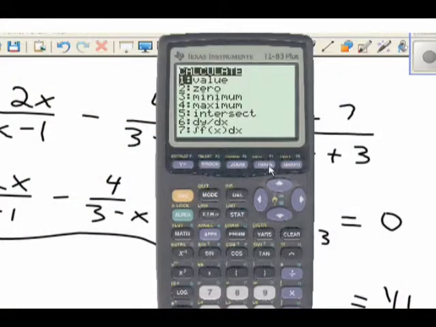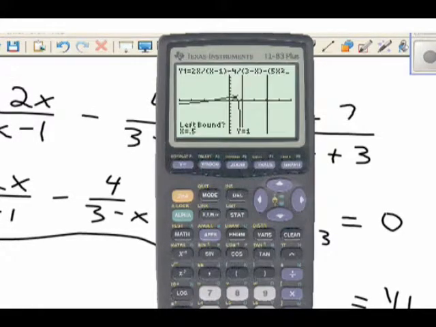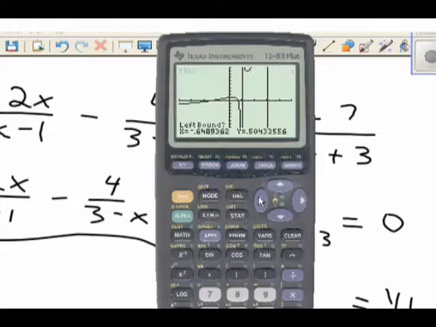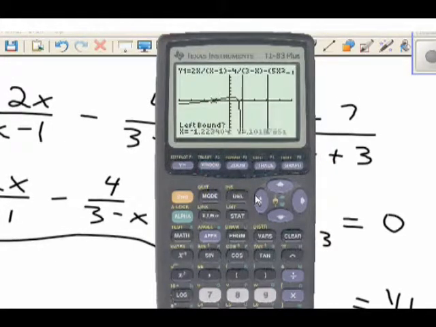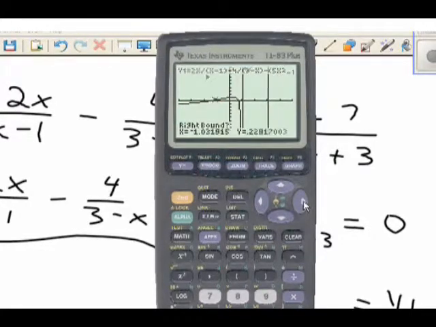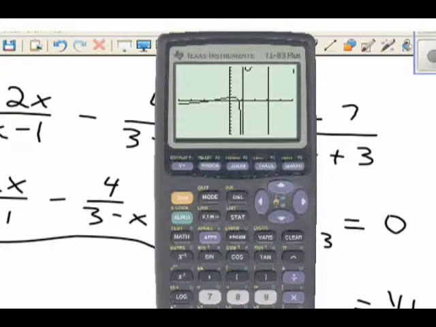Let's check out what that would be through the Calculate menu. You've used this feature many times for other things. And that's confirming a solution of x equals negative 1.38.